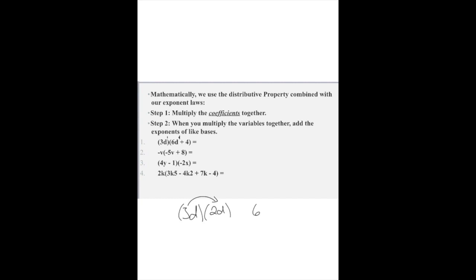That would give us 6, and when we multiply the d's together, it's the same as saying times d to the 1 plus 1, because in a situation with no exponent on those variables, we assume that it's a 1. So this becomes 1 plus 1, which then is 6d squared. Right? I'm going to take this off, but I just wanted to give you guys that as an example.